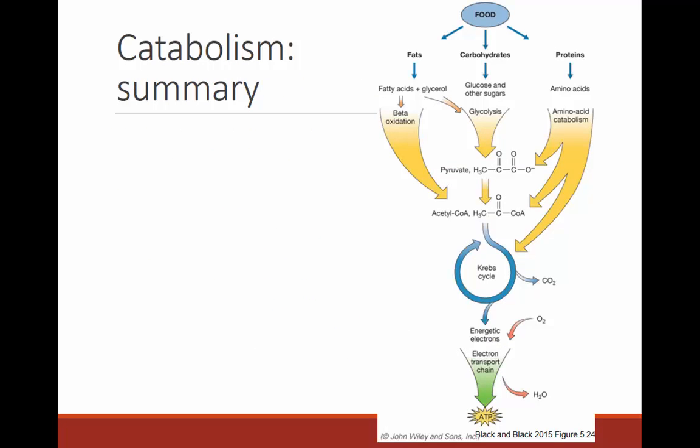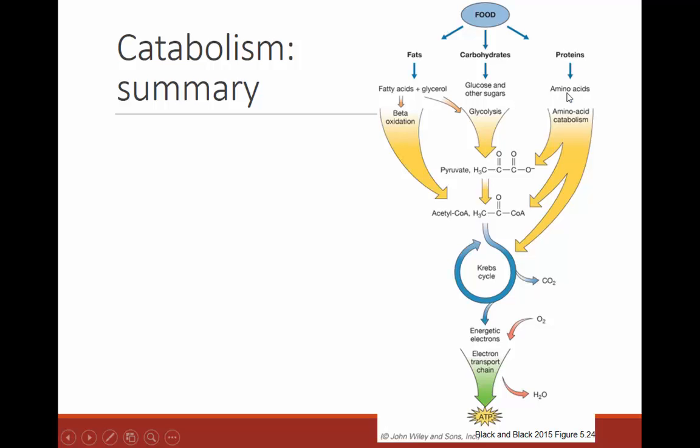And so a summary of catabolism. If we have food, it may consist of fats, carbohydrates and proteins. We have seen that the glucose and other sugars go through glycolysis. The fats are broken down to fatty acids and glycerol. They're beta oxidized and go into the Krebs cycle.